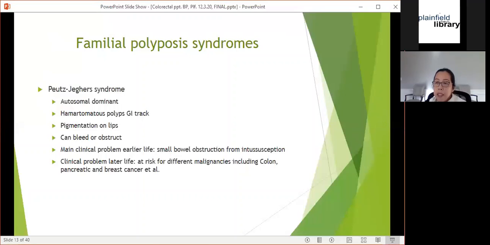People can present with small bowel obstruction from intussusception early in life. Patients are at risk for different malignancies, including colon cancer, pancreatic cancer, and breast cancer, at later life. Next.